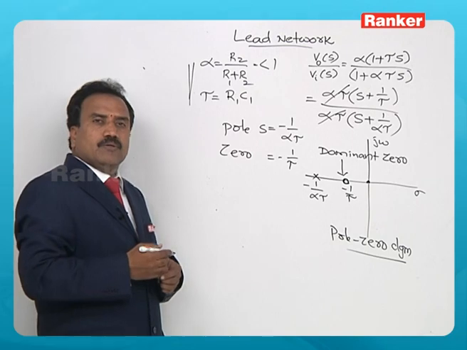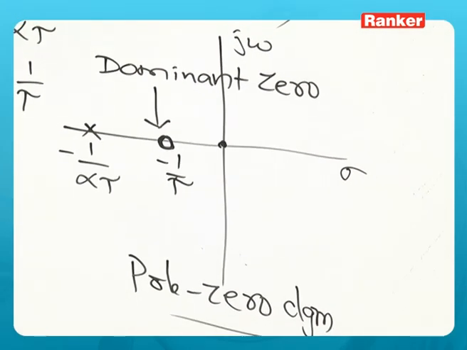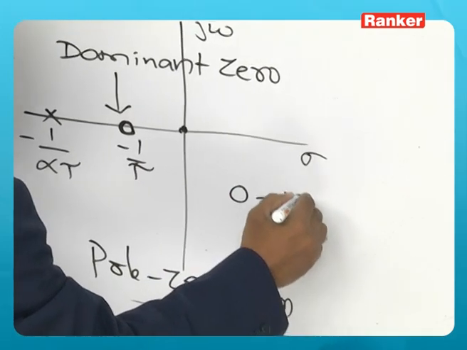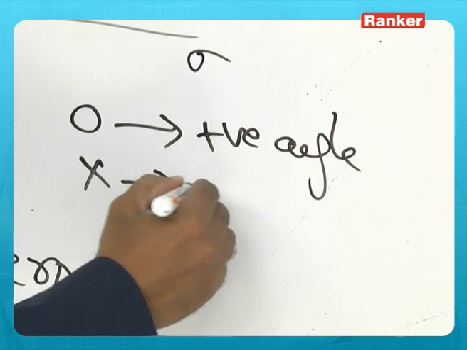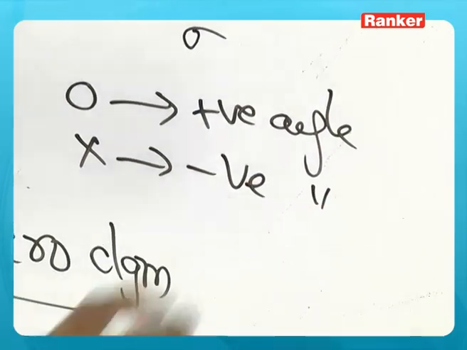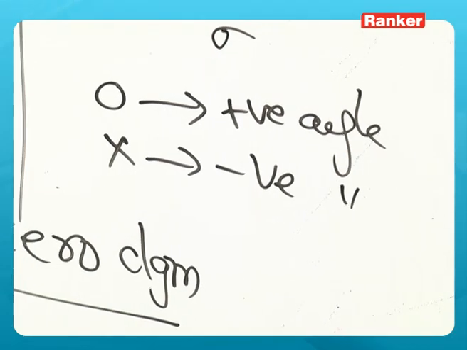So, a zero will always produce a positive angle, and a pole will produce a negative angle. That is the reason why this is called a lead network.